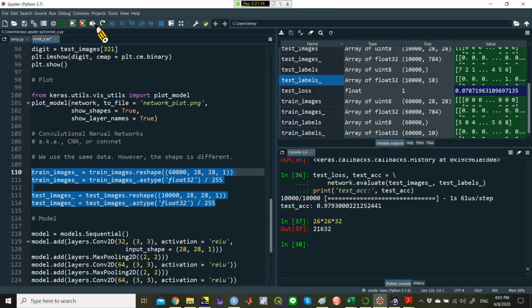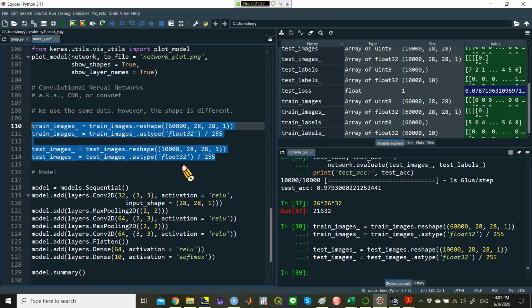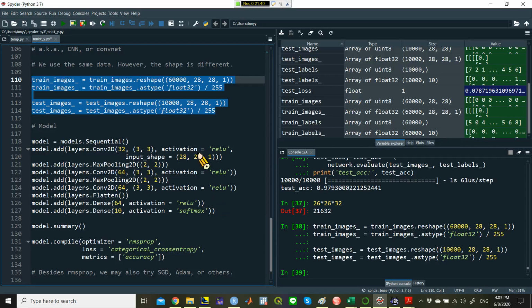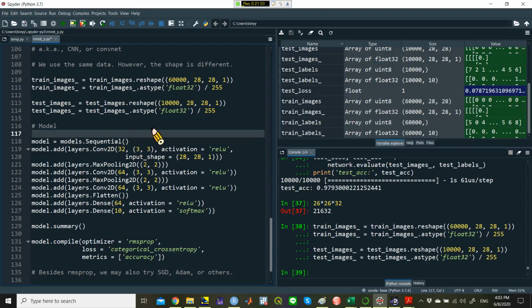So let's run this part. And this is our model. The first line here is the same as before: model equals models.Sequential, which means that we want to have a model and input it layer by layer. So the first hidden layer is this, the second hidden layer is this, the third hidden layer is this. We just input it by hand, layer by layer, sequentially.